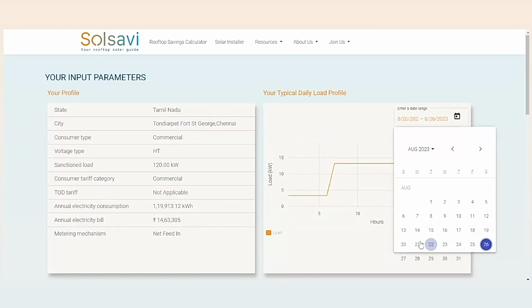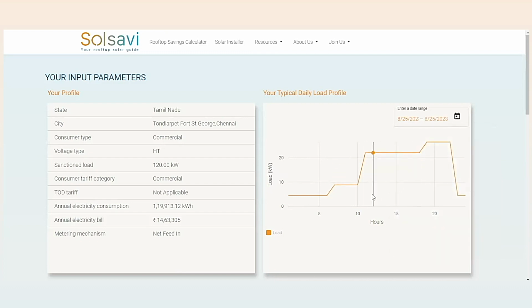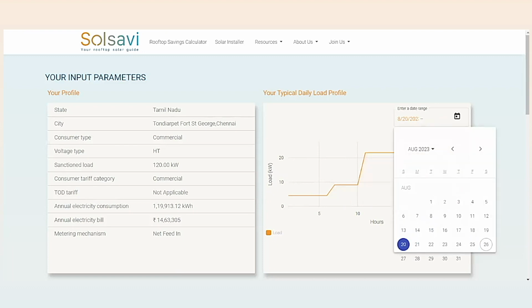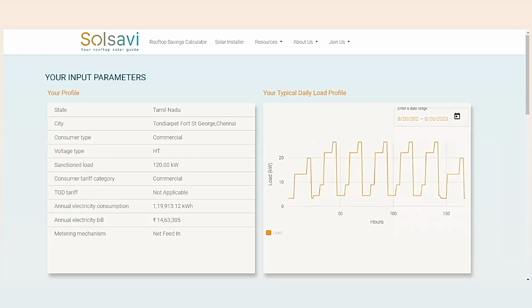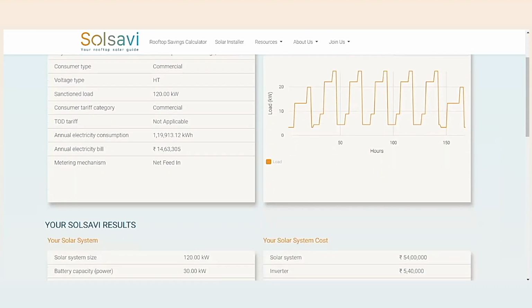When I select a weekday consumption, you can see that my consumption pattern changes along with the peak as well, because you have defined it as 25% less. You can also select a range and see how it varies over a period of time. So you can understand your consumption profile, and this helps you to determine your solar system capacity.